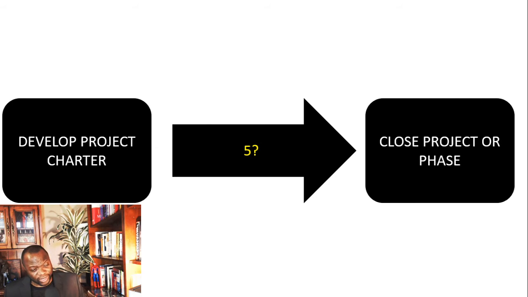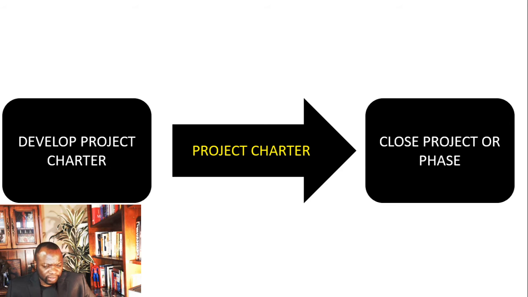So it might look like a quiz, but I'm actually trying to teach you things. So it obviously has to be one of two things, right? Everyone's running away here. All right, the answer to this one is none other than the project charter. The project charter comes out of Develop Project Charter, goes to Close Project or Phase. The success criteria and all that great stuff is in the charter, so it's a relevant input.